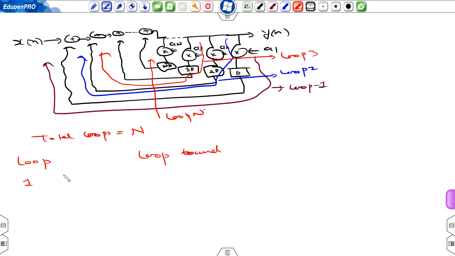For loop number 1, it has two computational units, one multiplier and one adder. Let Tm and Ta be the computation times of the multiplier and adder respectively.